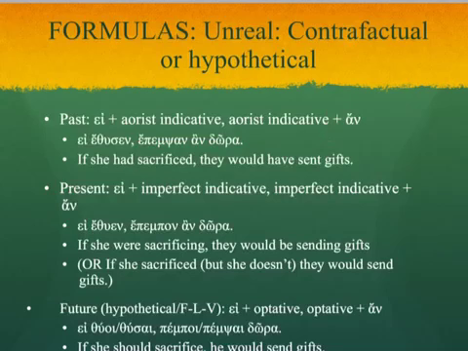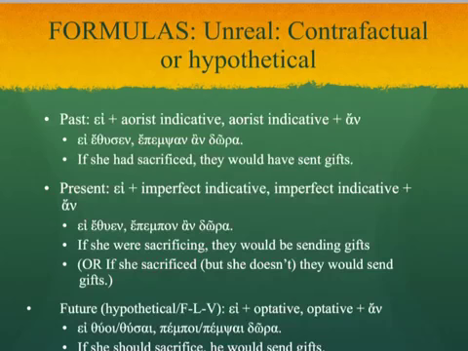And again, the clearest way to indicate this in English is to use "were X-ing" in the protasis and then the conditional in the apodosis. If she were sacrificing, they would be sending gifts. But frankly, when you hear people do this in real speech, the way they normally formulate this present contrafactual is just to use a past tense in the if clause and the conditional in the then clause. If she sacrificed, they would send gifts.